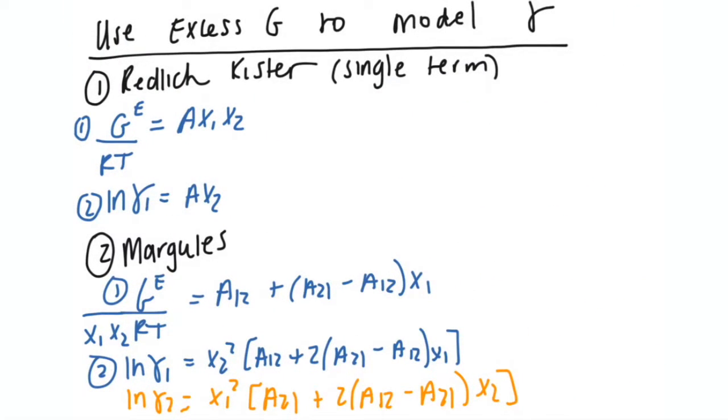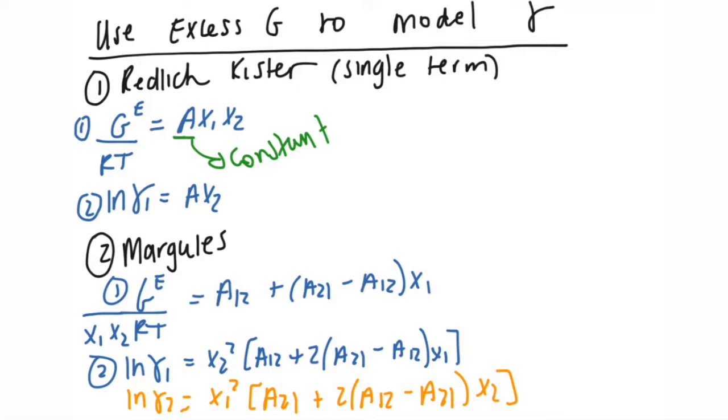All right, here we go. Basically, we're going to be using excess Gibbs to model gamma. Like I said, the three fit functions are the Redlich Kister, the Margules, and the Van Laar. Under number 1, I've written Redlich Kister, which is referred to as a single term. On the left-hand side of my equation, I have the excess Gibbs over RT, where R is the universal gas constant and T is temperature, equal to A, which is a constant, times x1 x2, the mole fractions of species 1 and species 2 in the liquid phase.